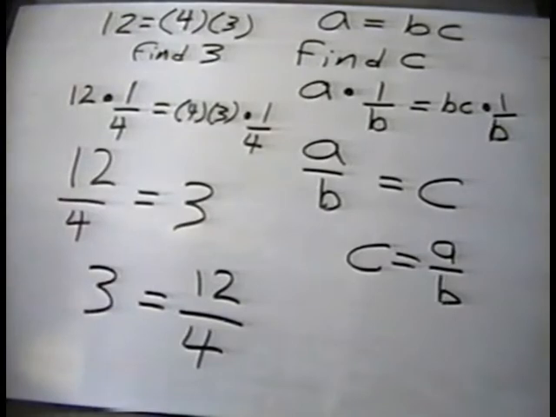Okay, now here we're going to get 12 over 4 equals 3, or 3 equals 12 over 4.